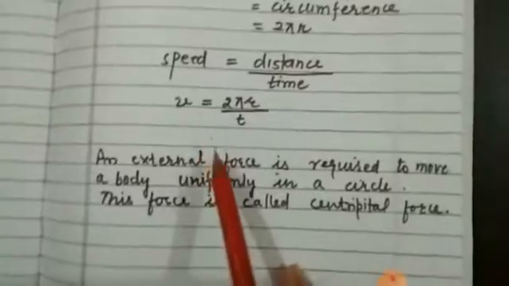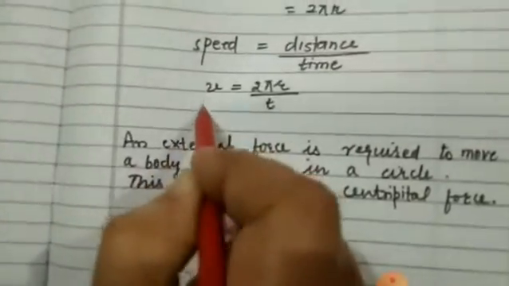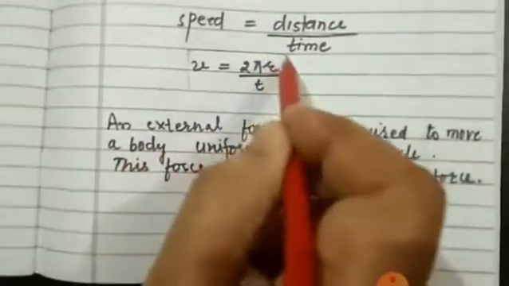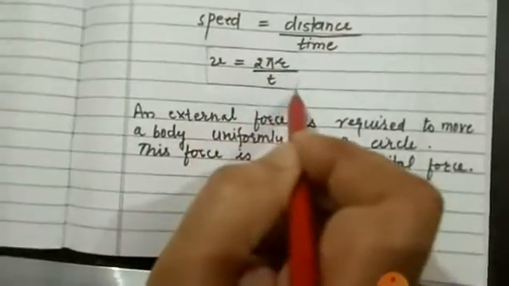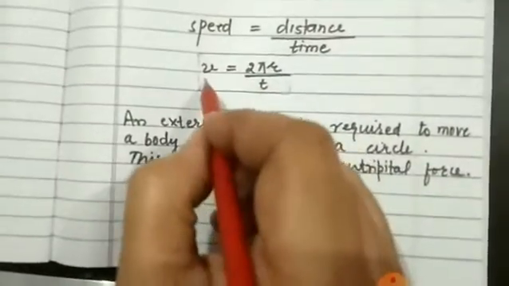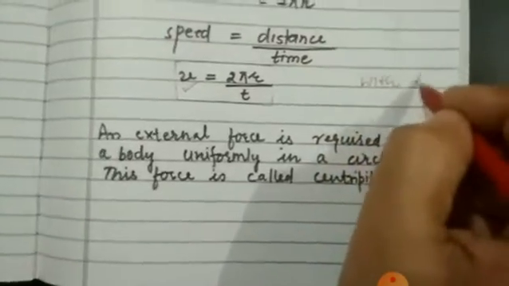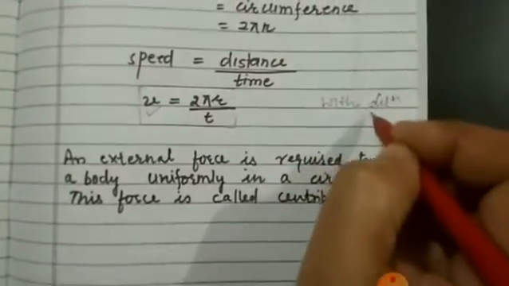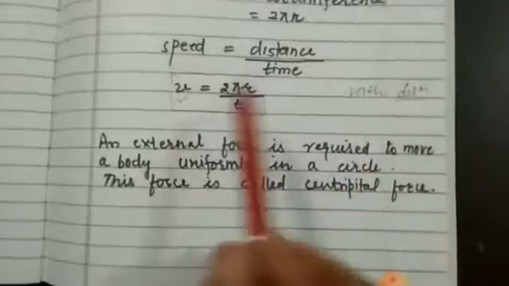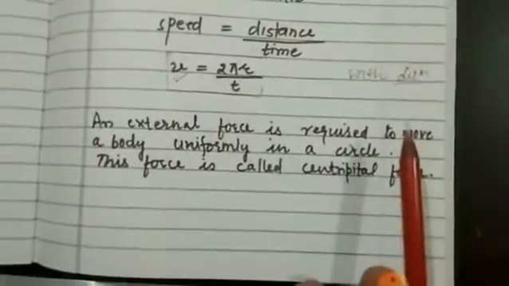This is the formula for the calculation of speed along a circular path. What is velocity? Velocity is this speed but with direction, because velocity is the speed with direction.